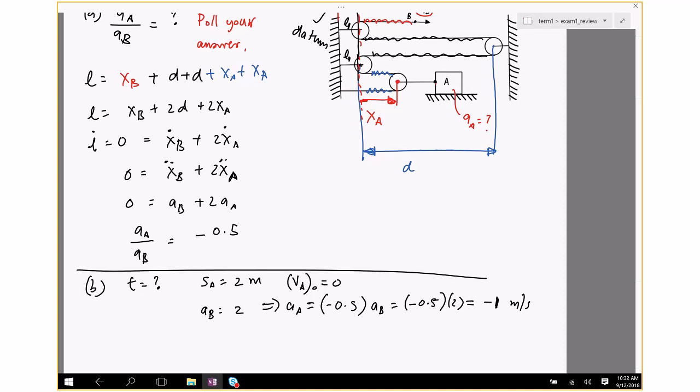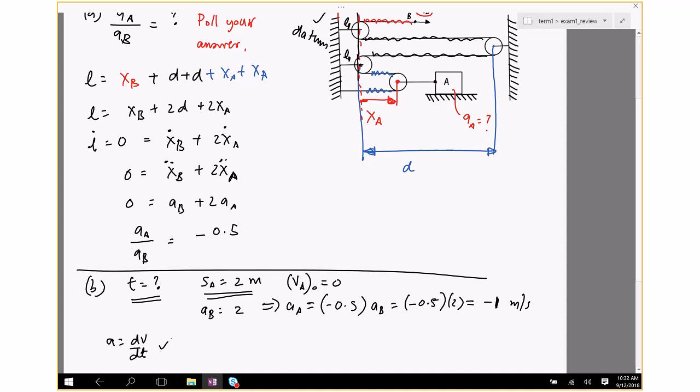Okay, so how do I find the time to move a distance of 2 meters? How is S related to T? What formula do I use? A equals dV over dt.